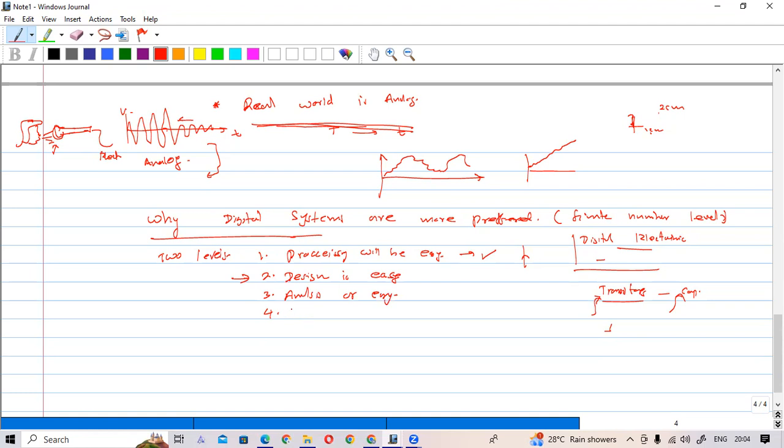Also, digital signals use low power, but analog systems use high power. We have a problem with power now, and we need to save power. So digital systems will use low power rather than analog. There are many advantages like this.